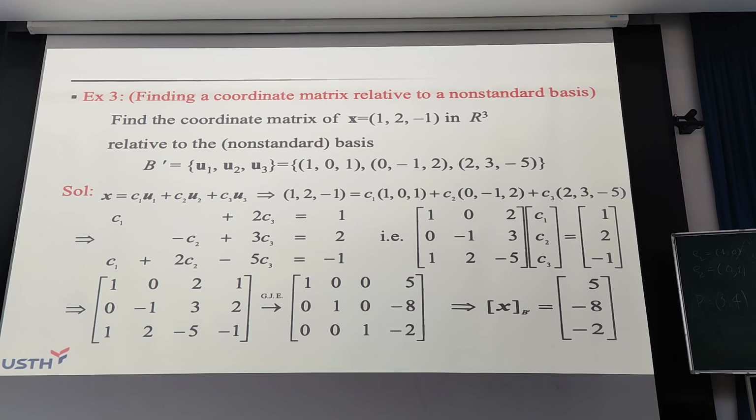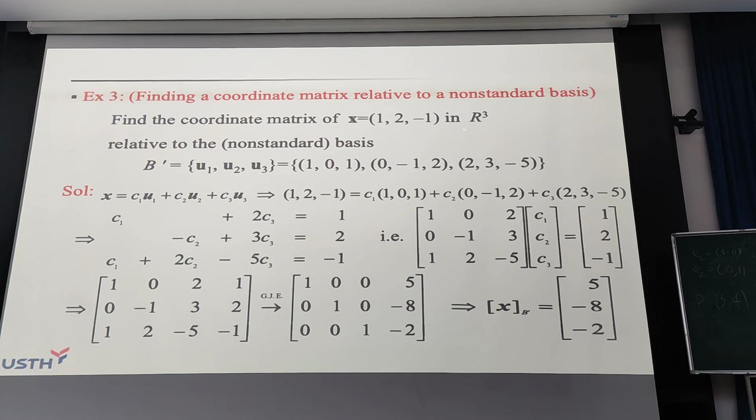Okay, next we continue here. Before the break, we saw the coordinate of a vector inside a vector space. That is a very important notion. However, it depends on the basis. For example, here x inside R3.